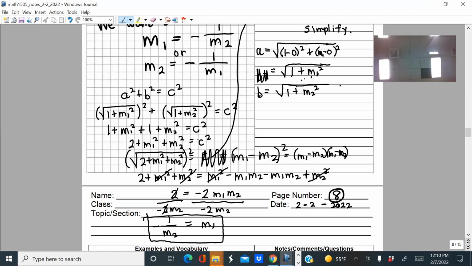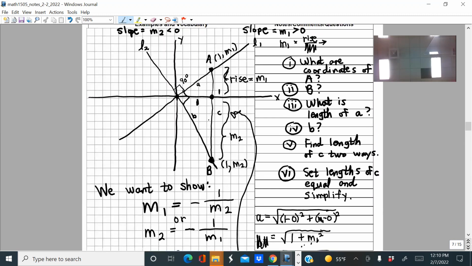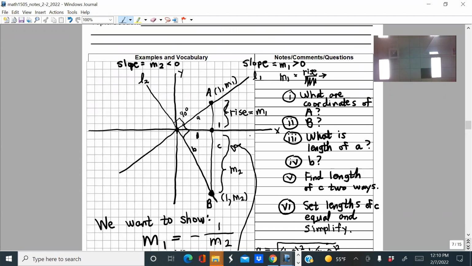So now you know why this fact is true. Not just that it's true, but now you know why it's true from this picture. Well, parallel lines having the same slope is a lot easier, right? This one's a lot harder to understand, but that makes sense, right? That's a more complicated relationship.